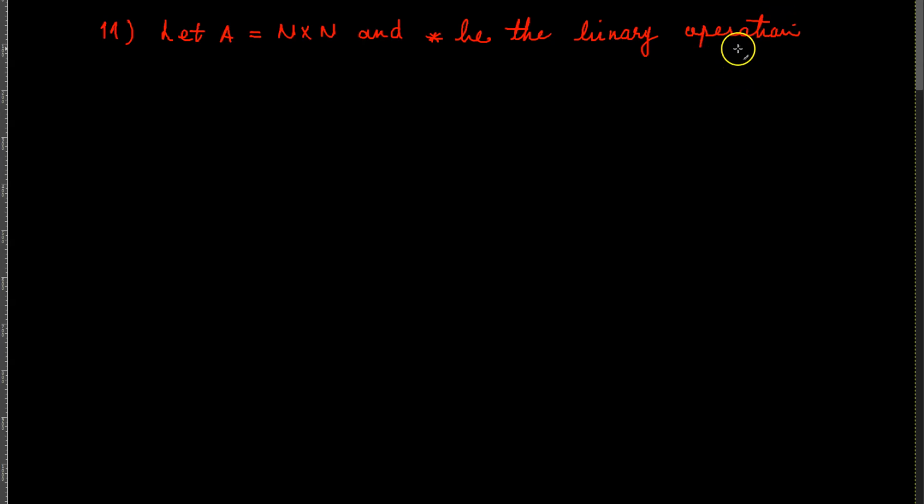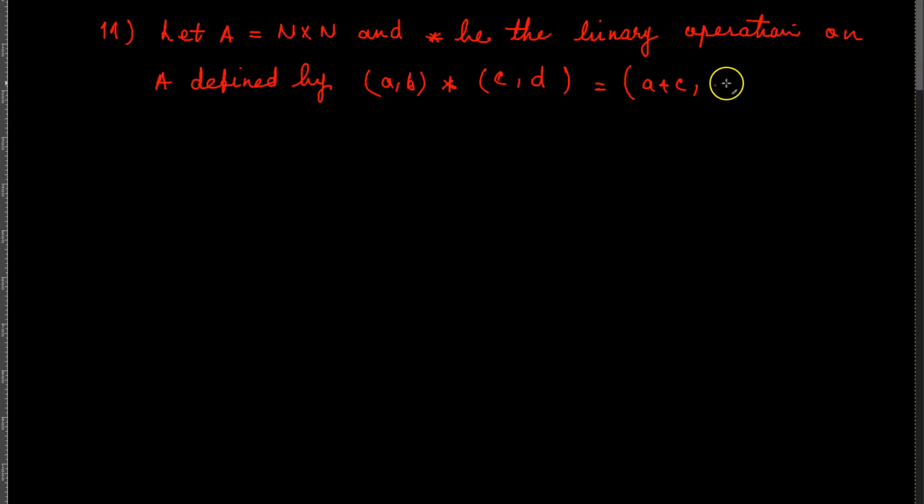Now the next question is question number 11. Let A be equal to the Cartesian product of N and N, and let star be the binary operation on A defined by (a, b) star (c, d) is equal to the ordered pair (a plus c, b plus d).